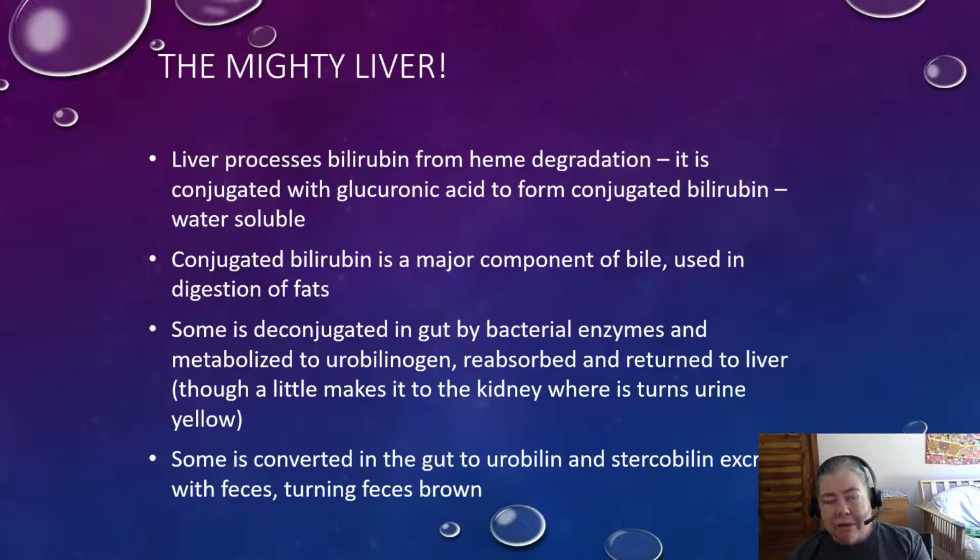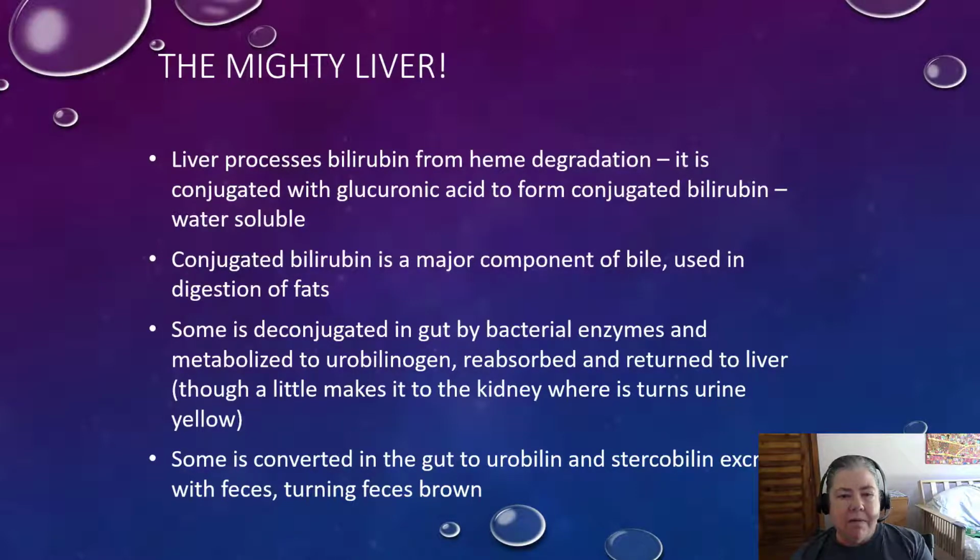The conjugated bilirubin is a big part of bile and is important in the digestion of fat, and we've talked about that. Now, in the gut, some of that conjugated bilirubin is deconjugated by assorted enzymes, and it's metabolized into a substance called urobilinogen that's reabsorbed and returned to the liver. But some of it doesn't get picked back up by the liver, and urobilinogen is the pigment that makes urine yellow.